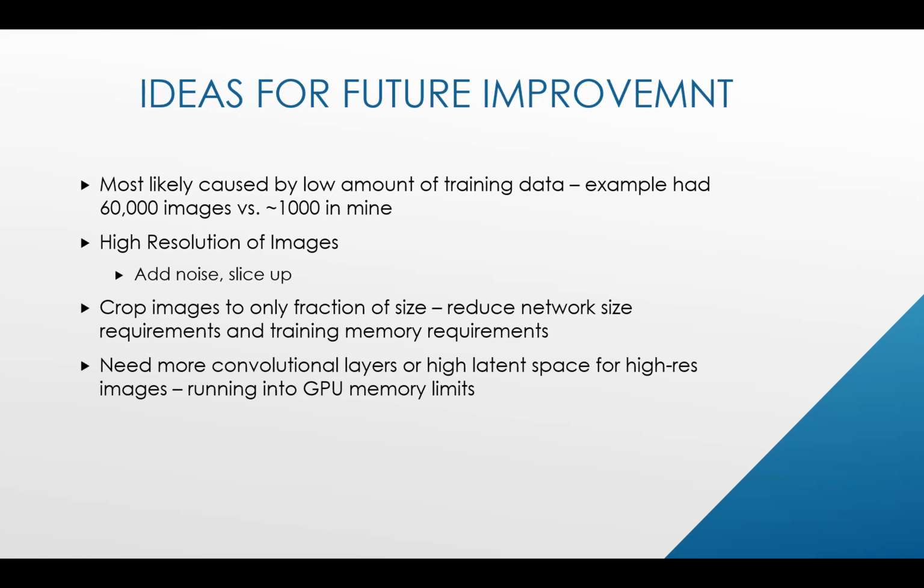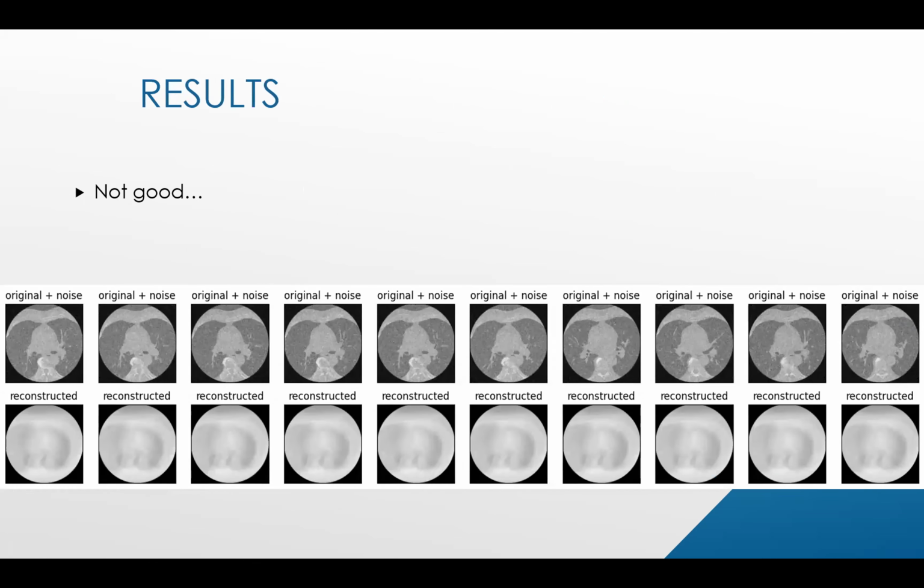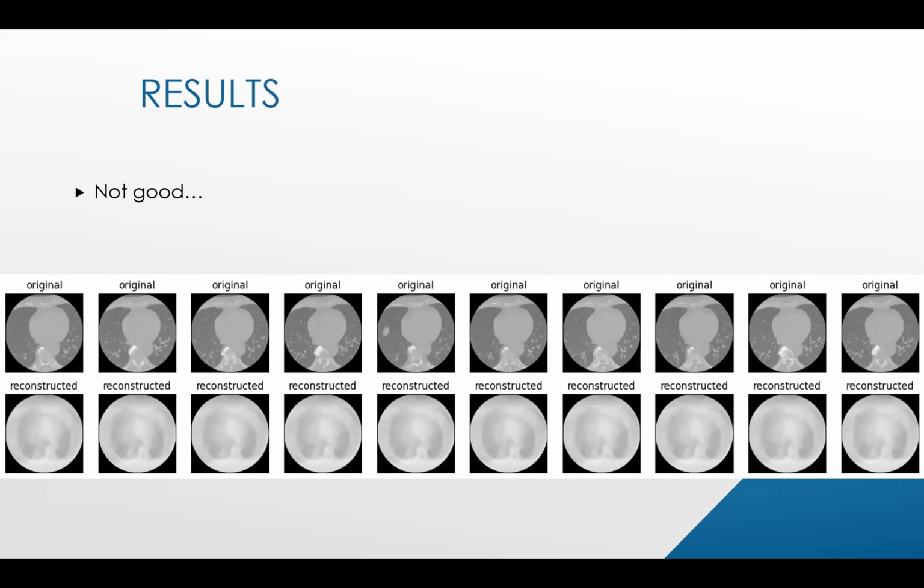Can I ask a question? Yeah. You go back to the one where you have your image results below. So these are just different slices we're looking at, from right to left, is that correct? Yeah. Okay. And so this is what came out, and this is your original noisy data.